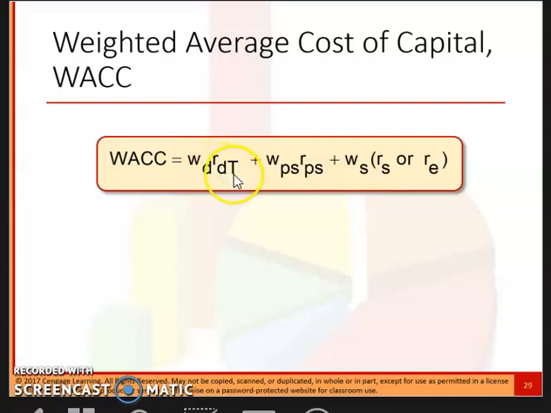the after-tax cost of debt, or r sub d t, plus the weight in preferred stock multiplied by the required return for preferred stockholders.